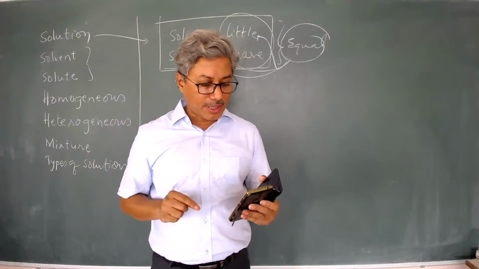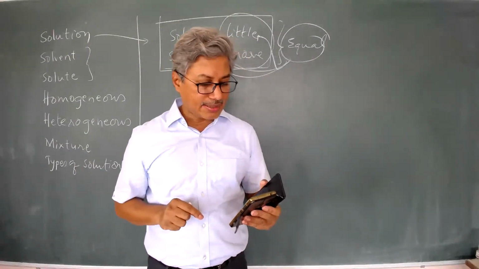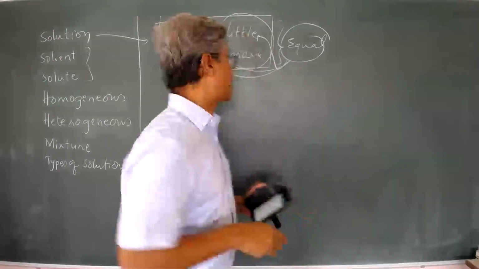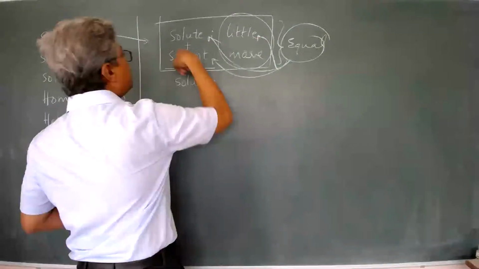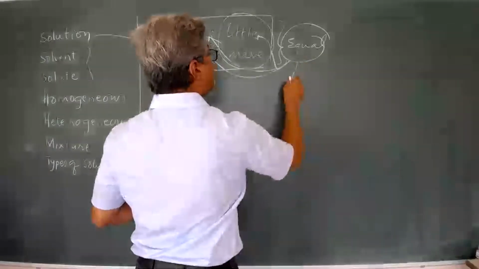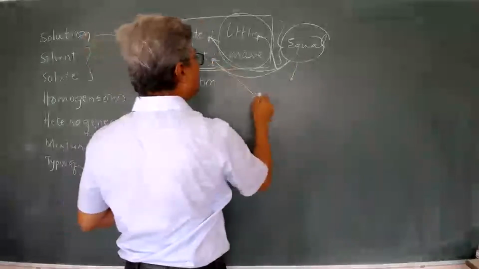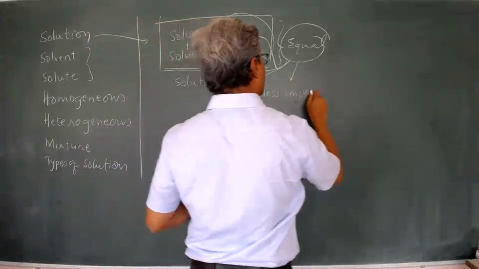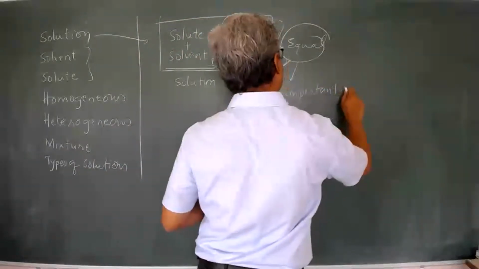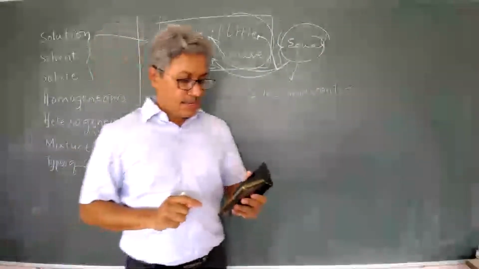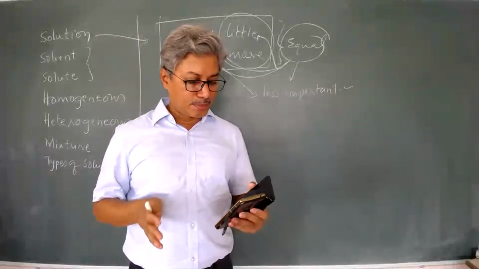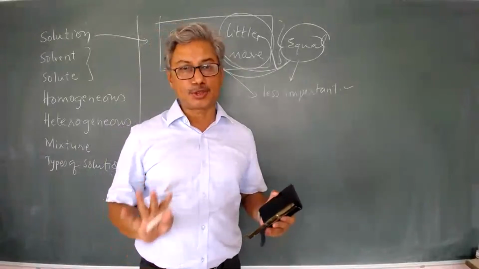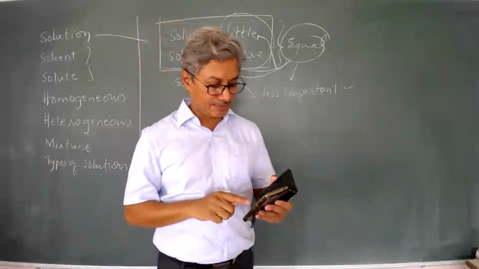If both solute and solvent exist in equal quantities, the concept of solute and solvent becomes less relevant or less important. But the substance that is more often used as a solvent is normally designated as solvent. That is water, liquid only.